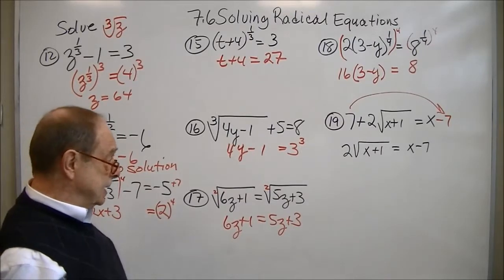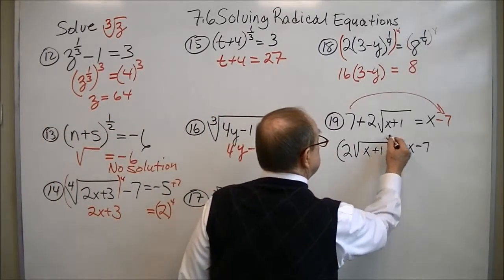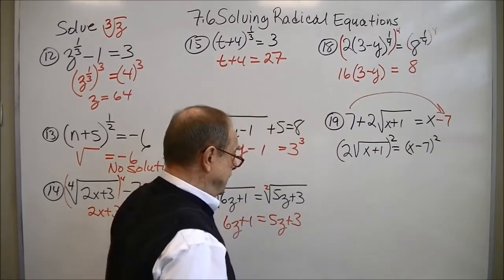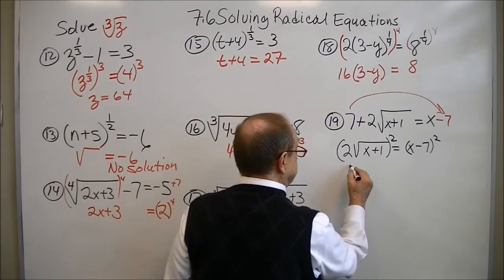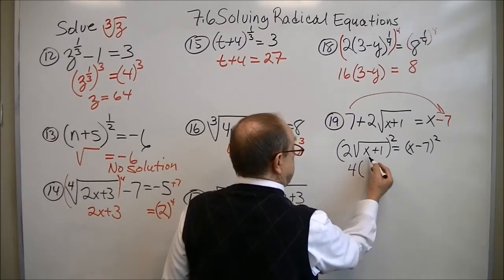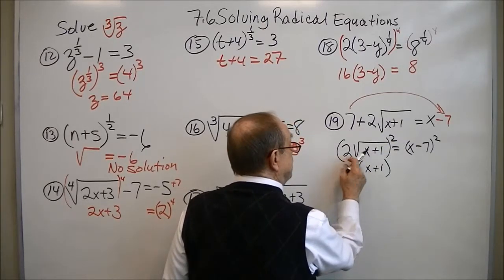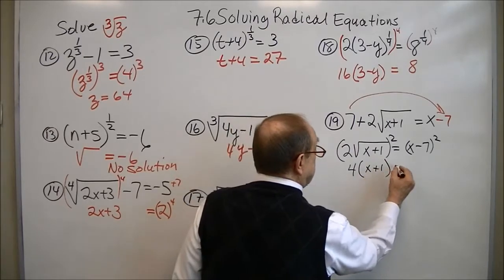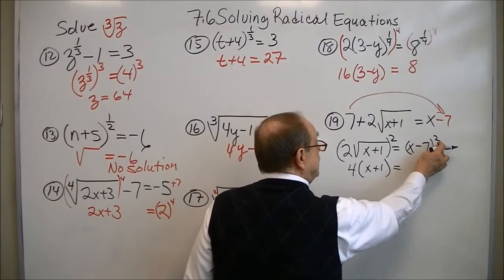But what do you do next? Well, we need to square this side, and we need to square that side. So then this becomes 4 times x plus 1, because we're squaring the 4. When we square this, it just becomes the radicand. And now we're going to use that special technique to square a binomial.